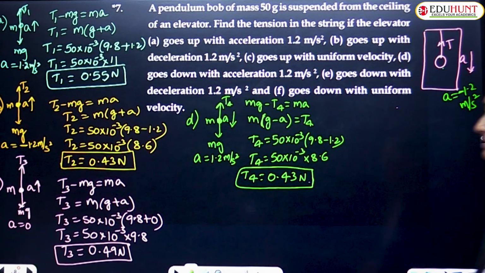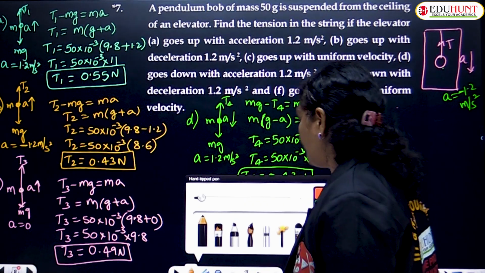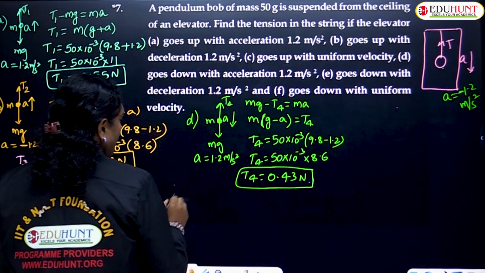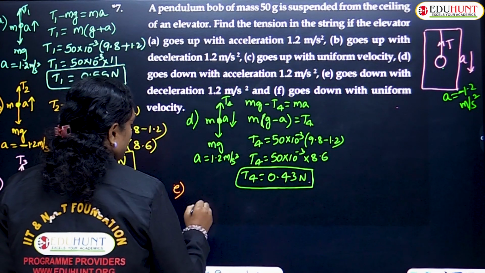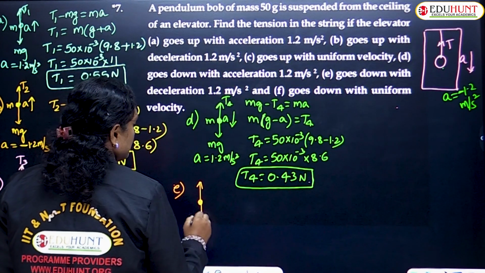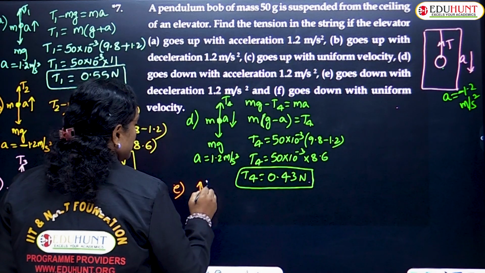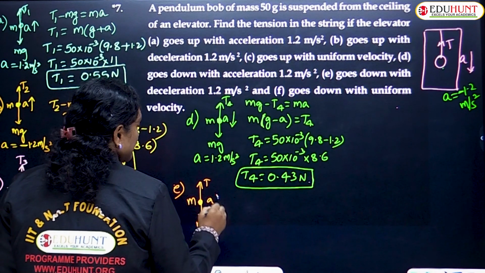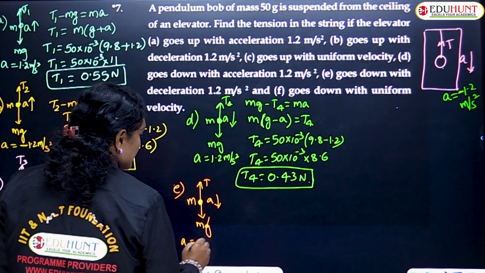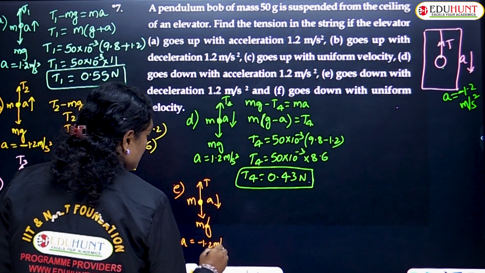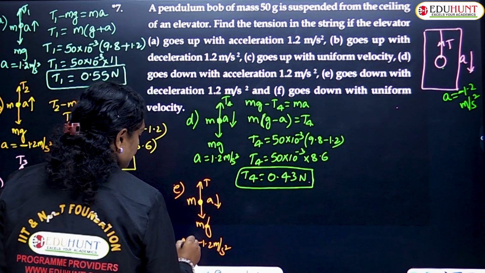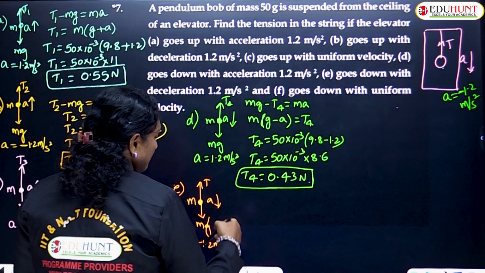So substituting those values in the above equation, first of all, the free body diagram: the weight is mg, tension T upwards, mass m accelerating downwards, whose value is taken as minus 1.2 meter per second square. Okay, so we have the equation of motion.